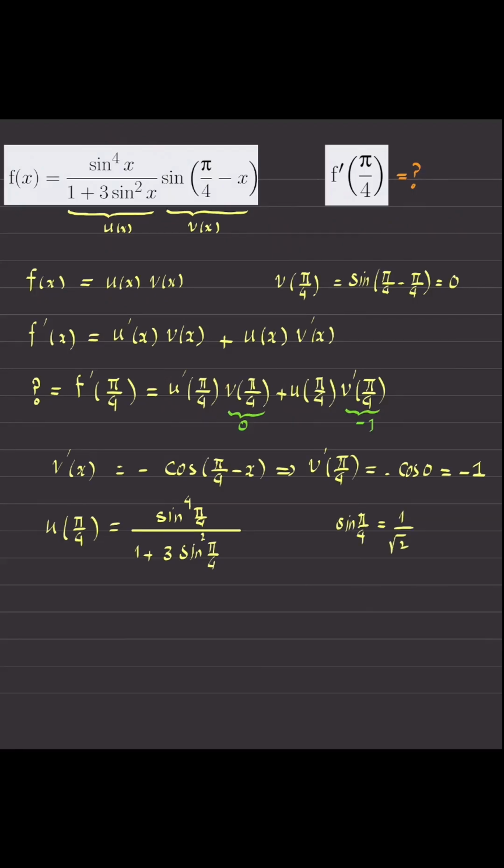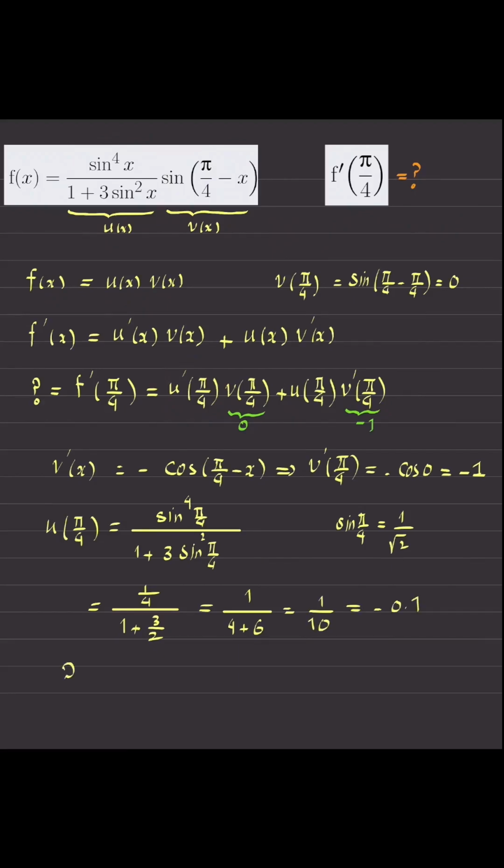So if I calculate this, the numerator becomes 1 over 4, and the denominator becomes 1 plus 3 over 2. If I multiply the numerator and denominator by 4, the numerator becomes 1, the denominator becomes 4 plus 6, which is 1 over 10. So this is 0.1.